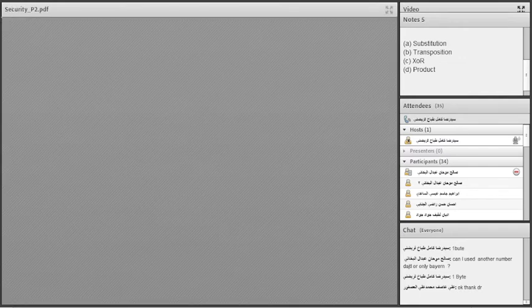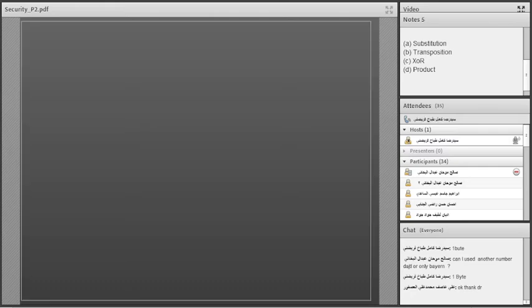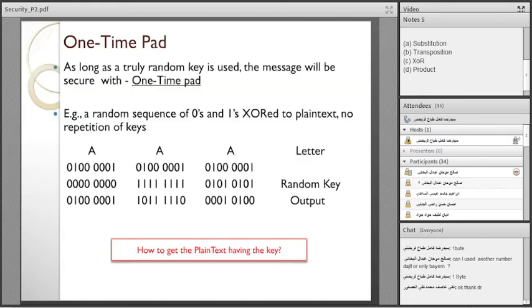So let's go back to the next slide. This is the one-time pad. It's like this. You get the characters and you apply the key.